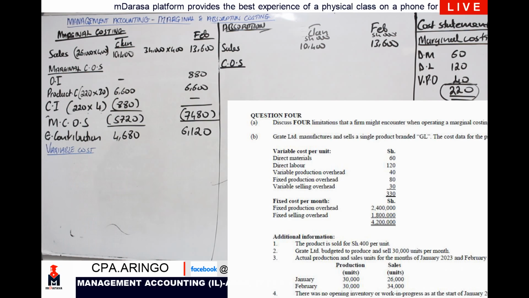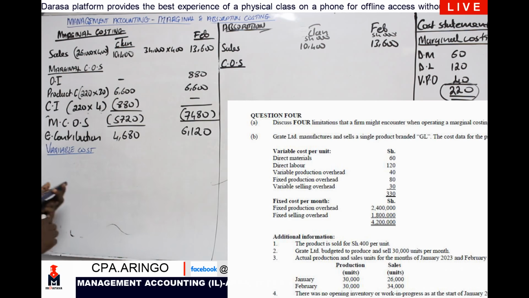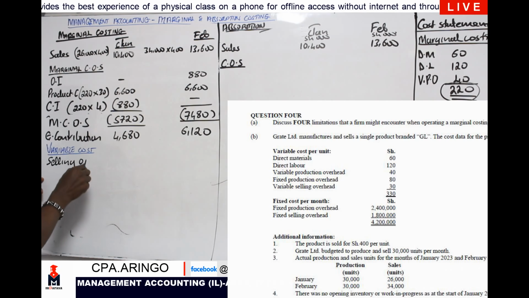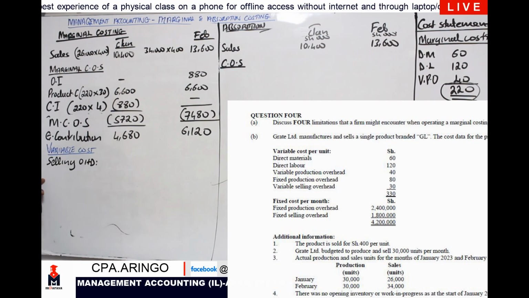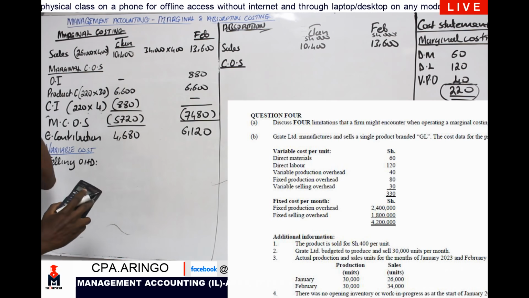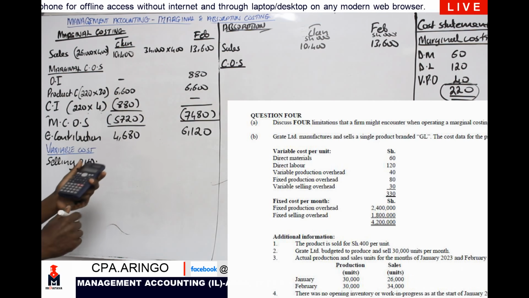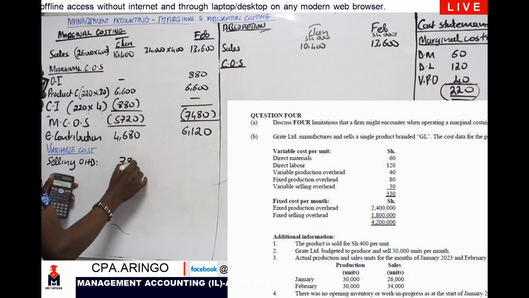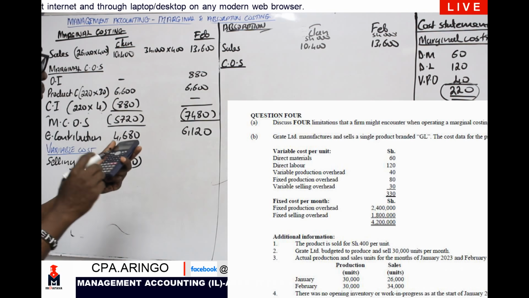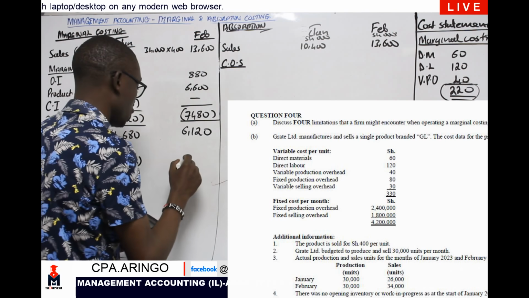Look at the statement where I was told variable selling overhead is 30 per unit. In January, we sold 26,000 units. By 30, that should give us 780. In Feb, we sold 34,000 units. So 34 by 30 should give us 1020.